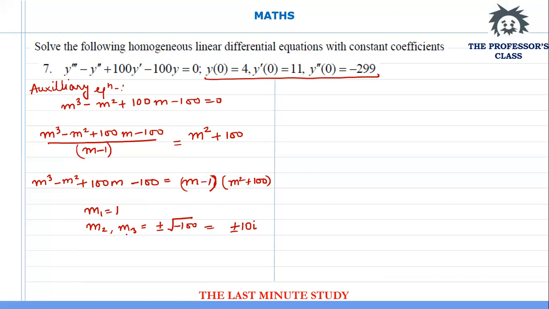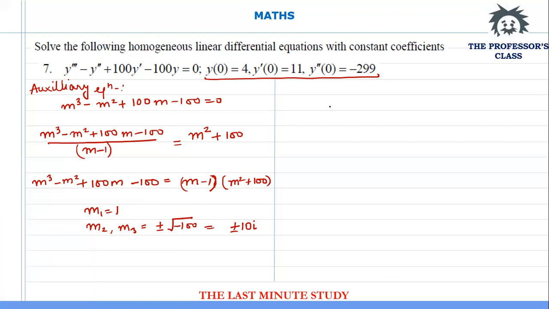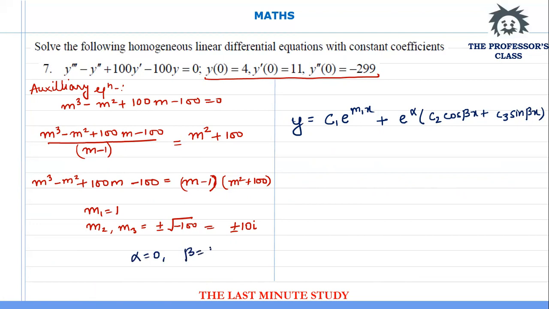Since this is a combination of two types of roots, one being a real number and the second being imaginary, the final answer will consist of c1 e raised to the power m1x plus e raised to the power alpha x times c2 cos beta x plus c3 sin beta x. Interestingly, the value of alpha over here is 0 and beta is equal to 10.